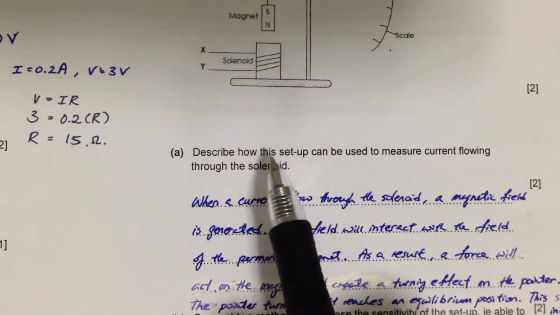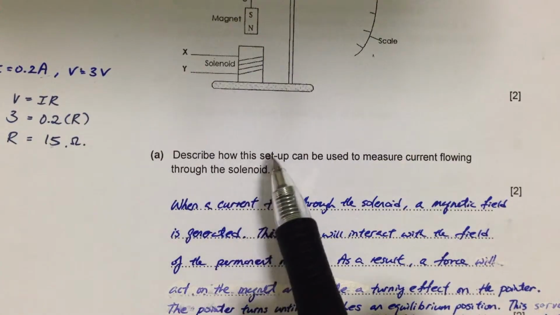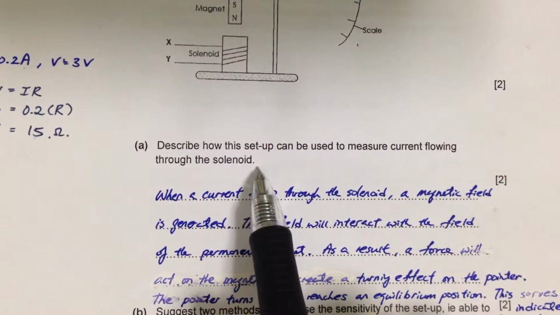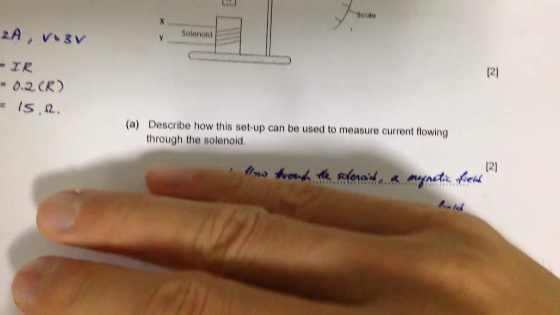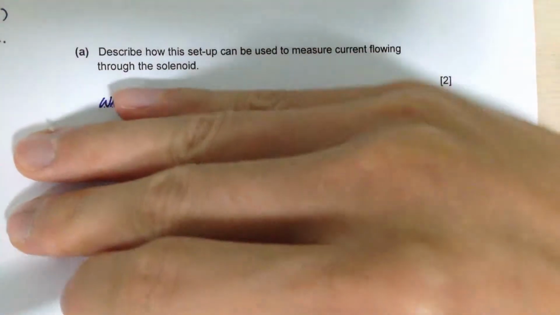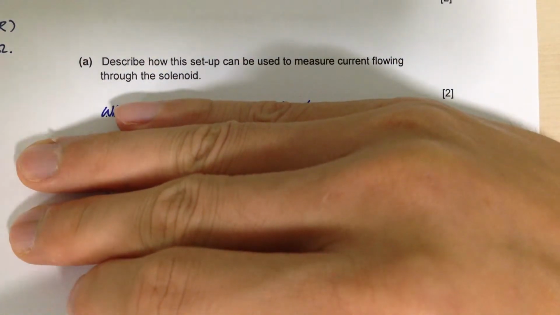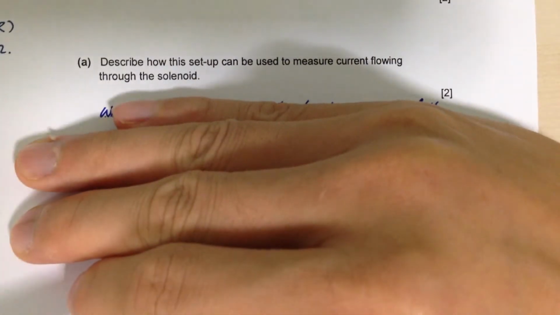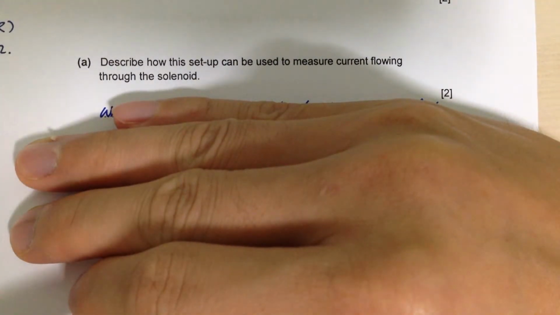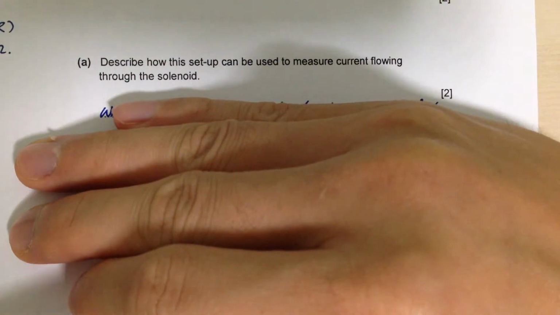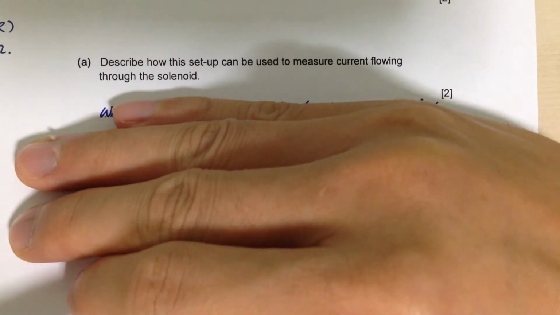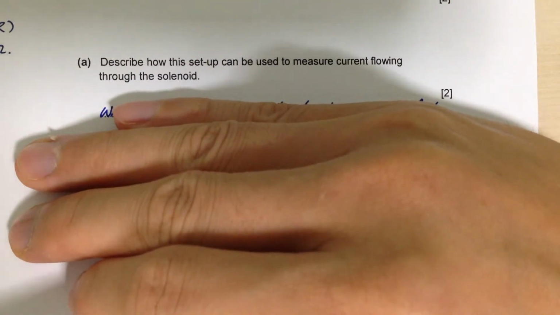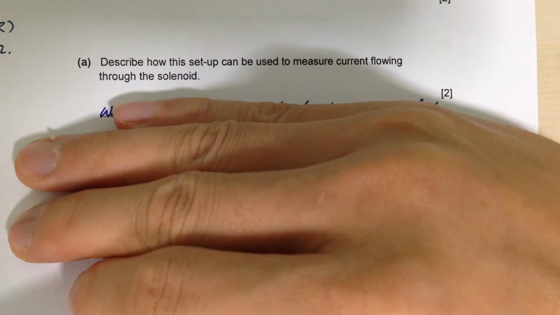Okay, now in part A they are asking you to describe. So what I have said earlier on is basically what you need to write down in part A. So before looking at my answer, you should try to write it on your own, because I have already told you about the mechanism, right? So pause the video, okay, go and write it by yourself, or check through your answer to see if you have missed out any point regarding what I have just explained to you.